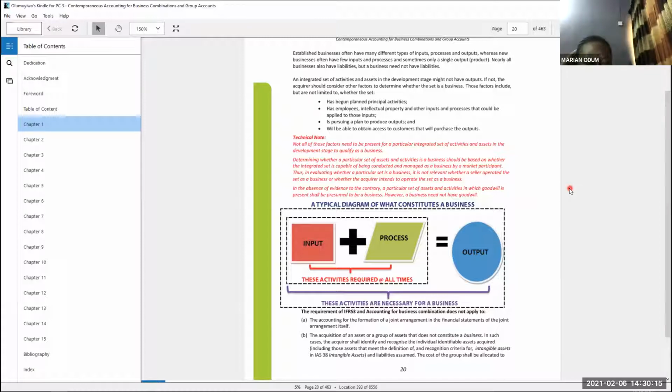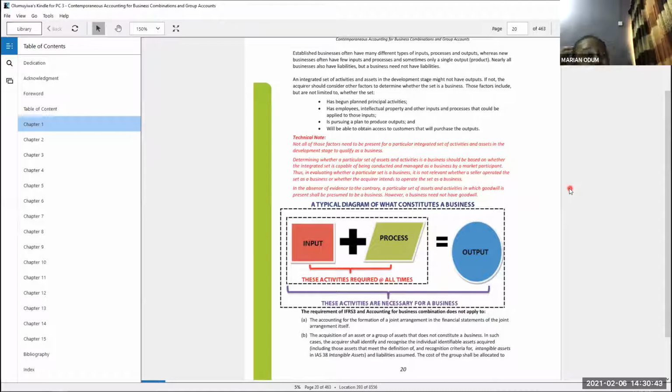The acquisition of an asset or a group of assets that does not constitute a business. In such cases, the acquirer shall identify and recognize the individual identifiable assets acquired, including those assets that meet the definition of and recognition criteria for intangible assets in IAS 38 Intangible Assets, and liabilities assumed.